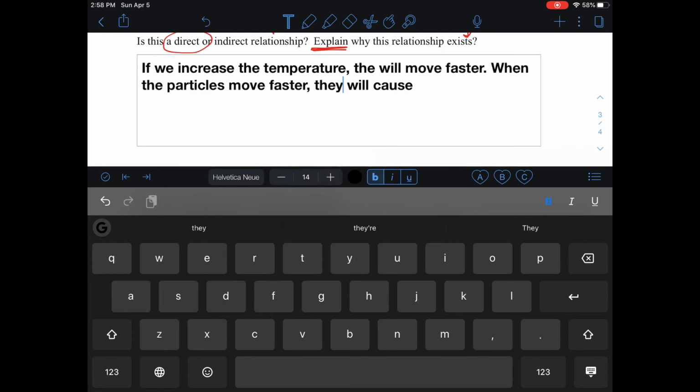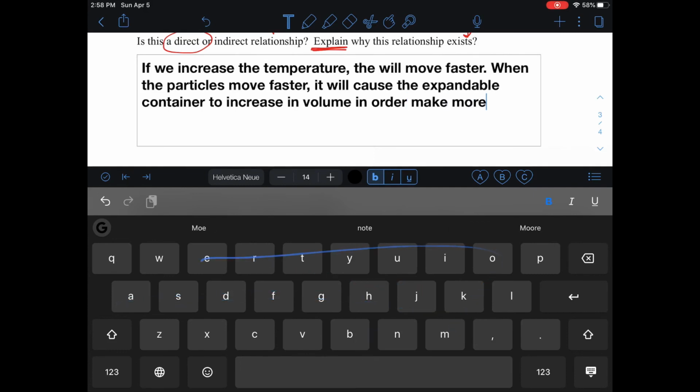When the particles move faster, it will cause the expandable container to increase in volume in order, and now I have to use the definition of volume, in order to make more room for the faster particles.